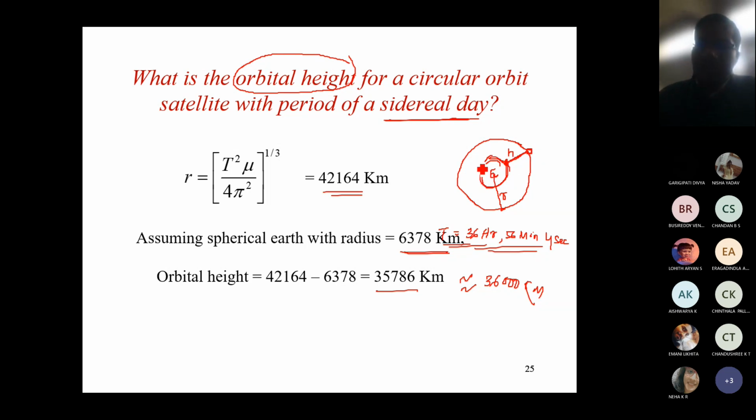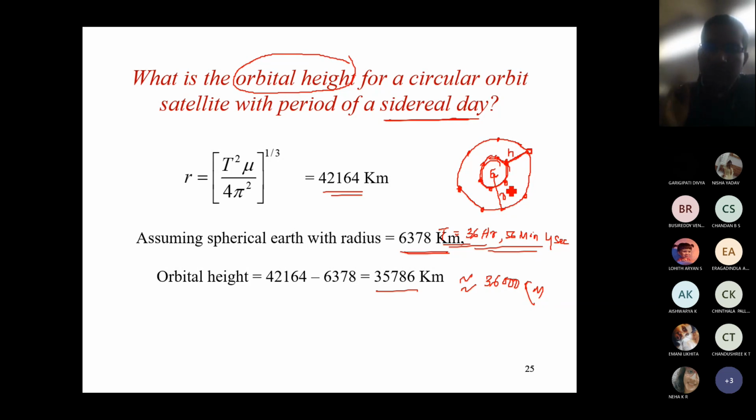So as the Earth rotates and the satellite rotates, they will always point to each other. At every point, the satellite and the ground station will point to each other. So there will be all-time communication, or all-time direct link possible between the ground station and the satellite.